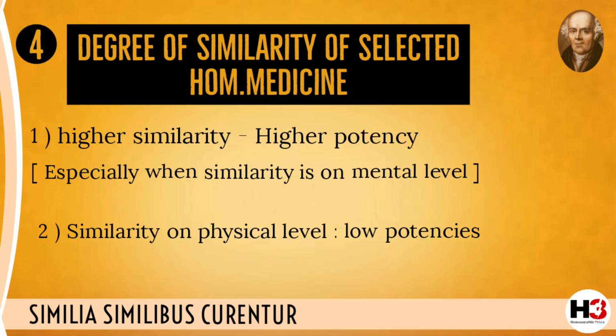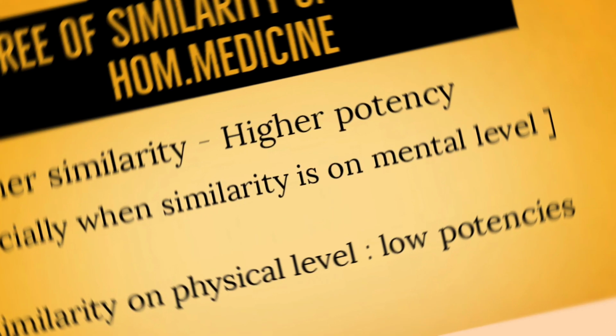If a remedy is selected on the basis of one or two symptoms, then we should try using low potencies, and if the selected remedy is similar to the physical symptoms also, then the remedy should be prescribed in the lower potencies. However, if the remedy is selected on the basis of mental symptoms, then higher potencies are advisable.